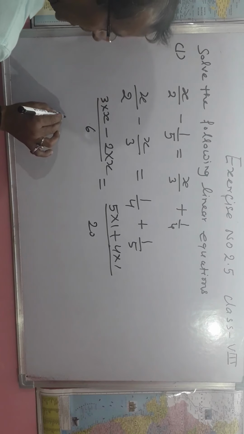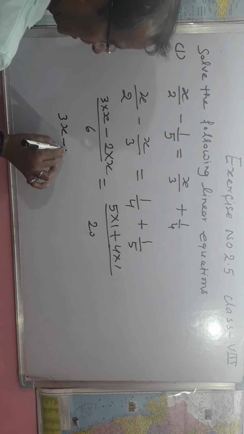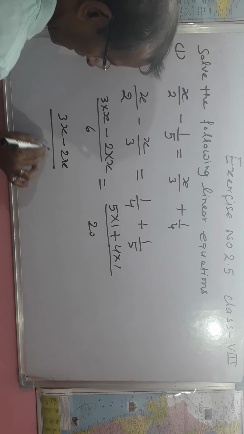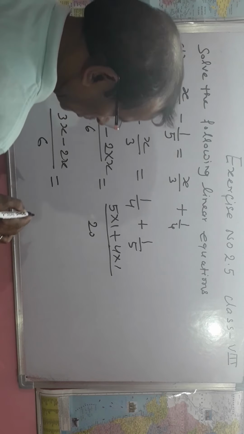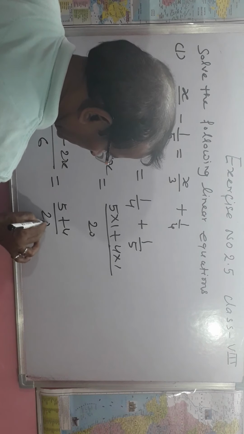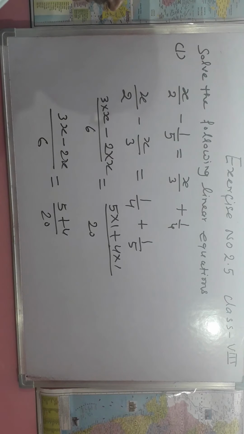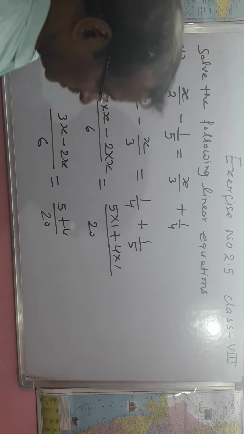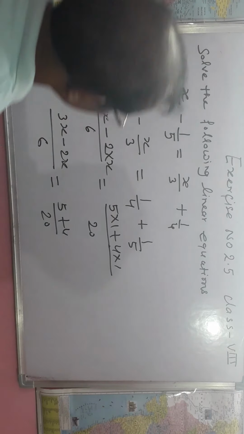Here we get 3x minus 2x upon 6 is equal to 5 plus 4 upon 20. Now we solve it.